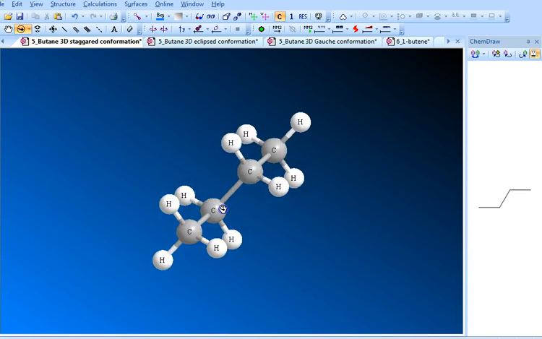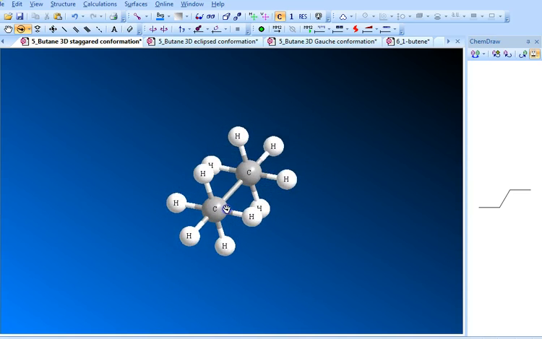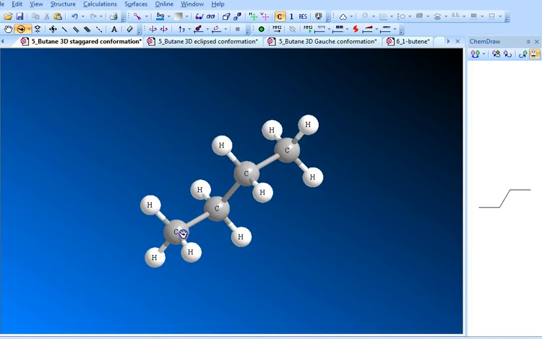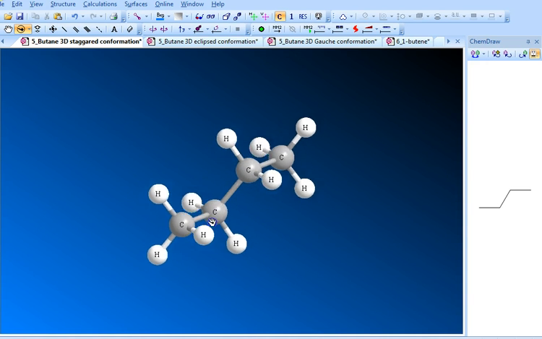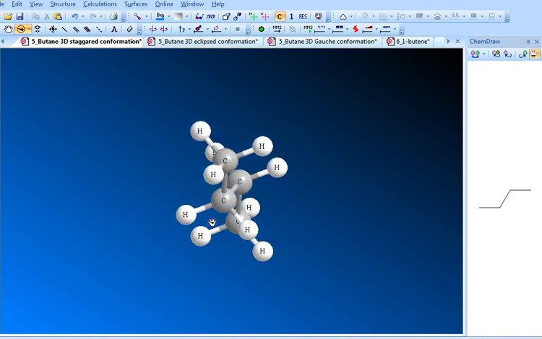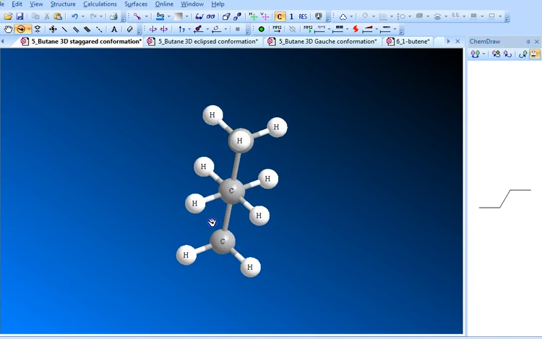Now we're going to rotate it in such a way that we overlap carbon 2 and 3. So we're going to rotate it farther down, and you see that there is a staggered conformation here.